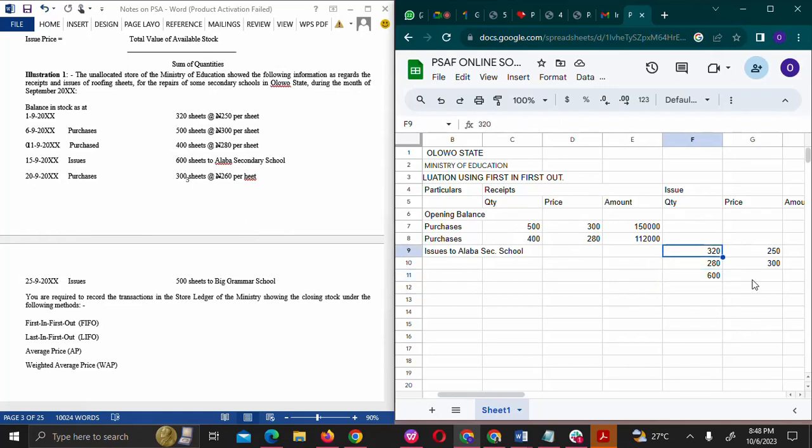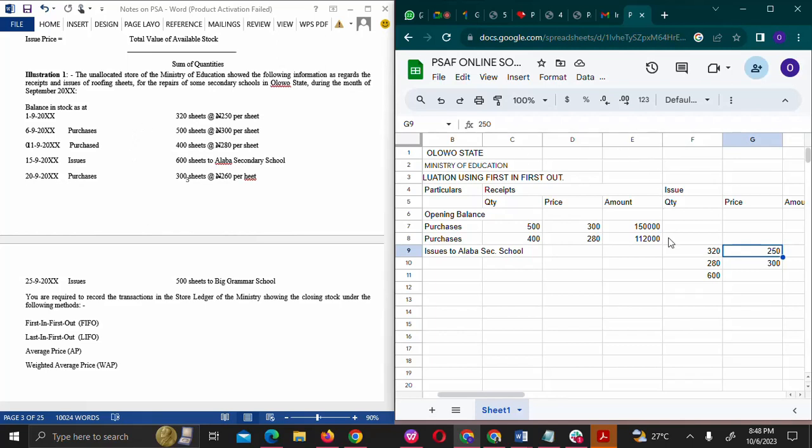The issue, we have 600 units to be issued. And what we are doing is first in, first out approach. Meaning the one you have in stock first will be issued out first. So it means out of the 600, you can only conveniently take 320 from the first one. So you take 320 at the 250 naira that you had it, right?